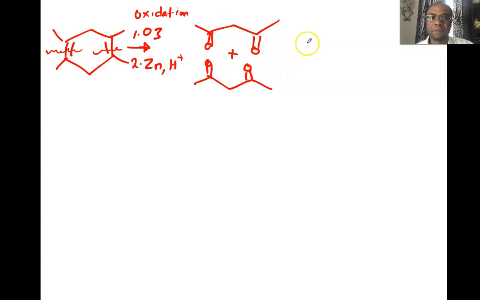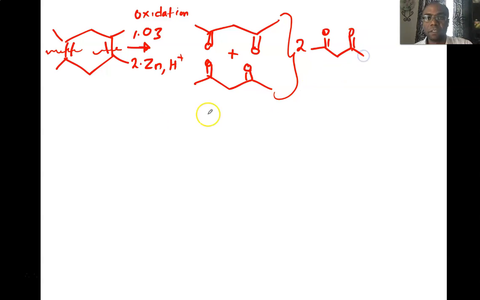Notice that these are the same, so it would have been okay for you to say 2 equivalents of that molecule. I just flipped it up. Now what if the second step here was a peroxide? You get the same product because both these are ketones. There's no aldehyde in there to be oxidized further. Both of them are ketones.